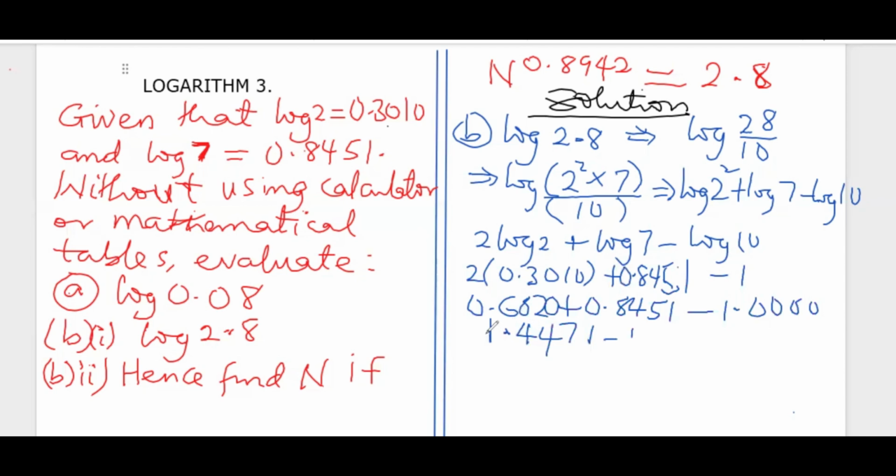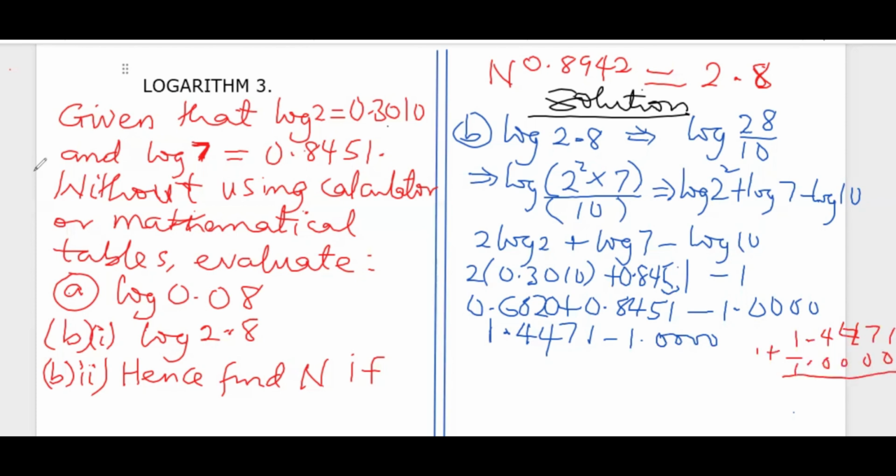So minus 1.0000. So if you simplify this, you have 1.4471, then by 1.0000.